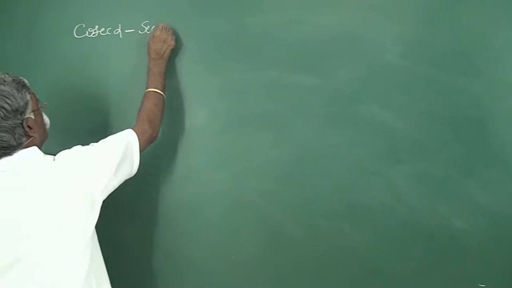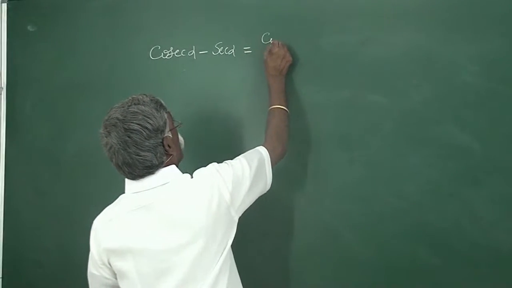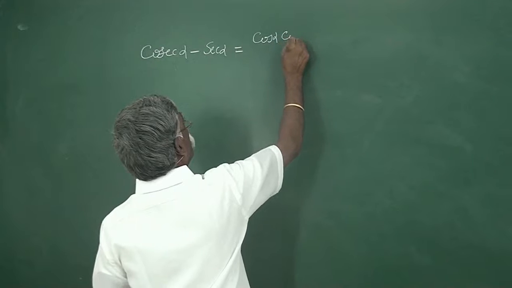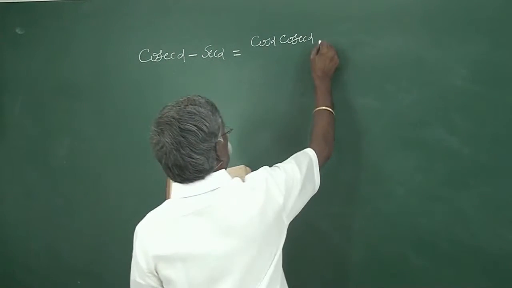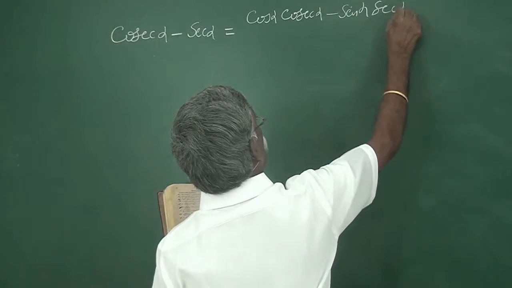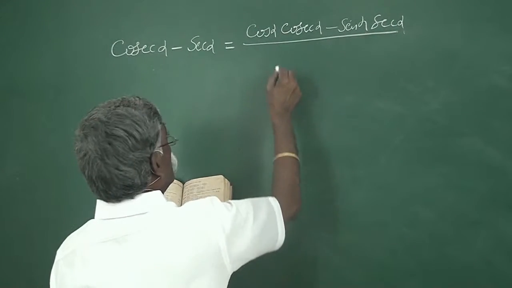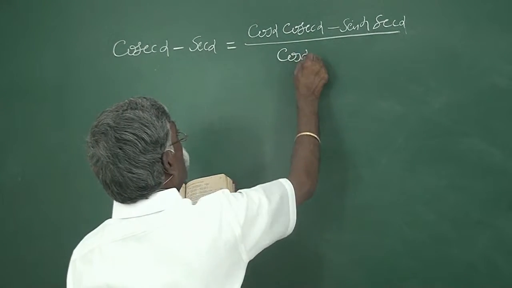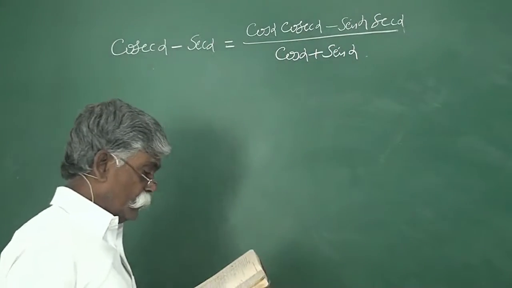Cosecant alpha minus secant alpha is equal to cos alpha into cosecant alpha minus sin alpha into secant alpha, whole by cos alpha plus sin alpha.